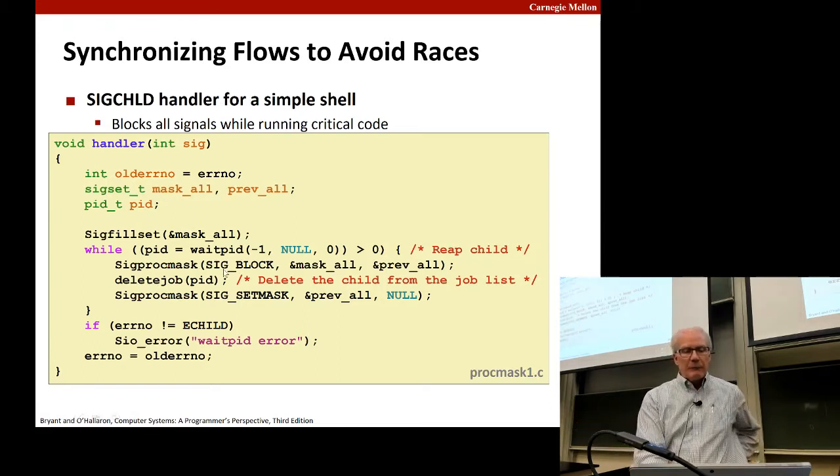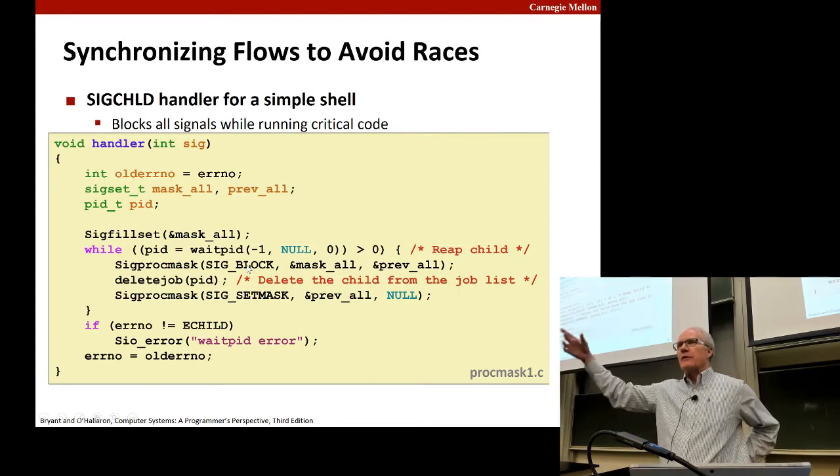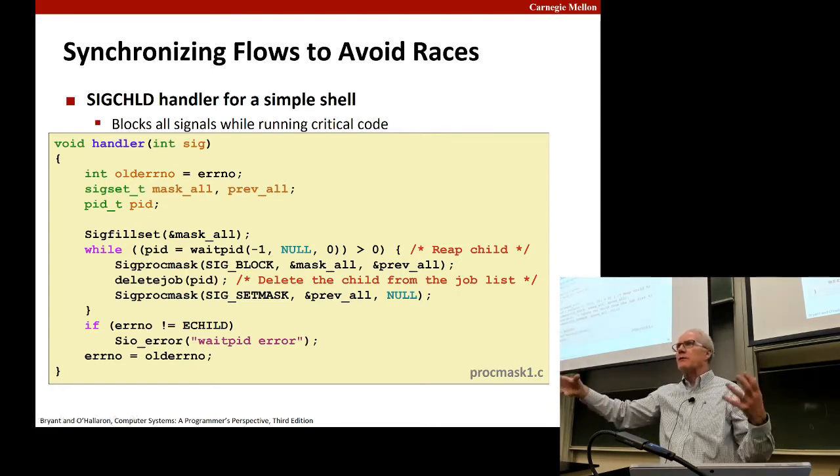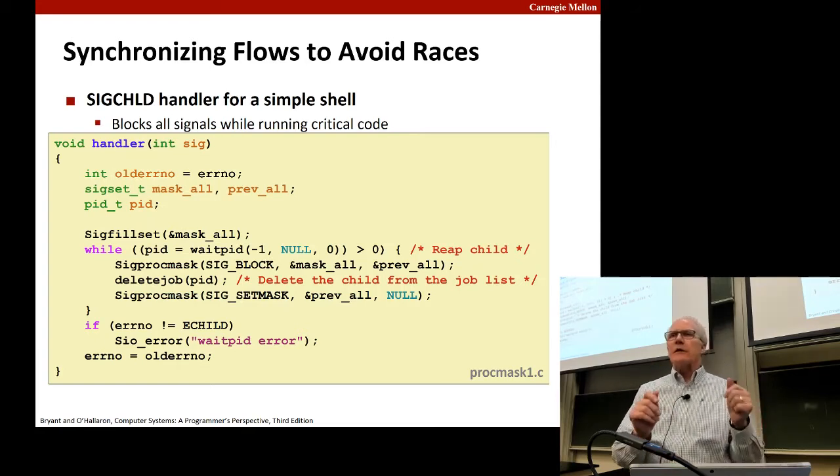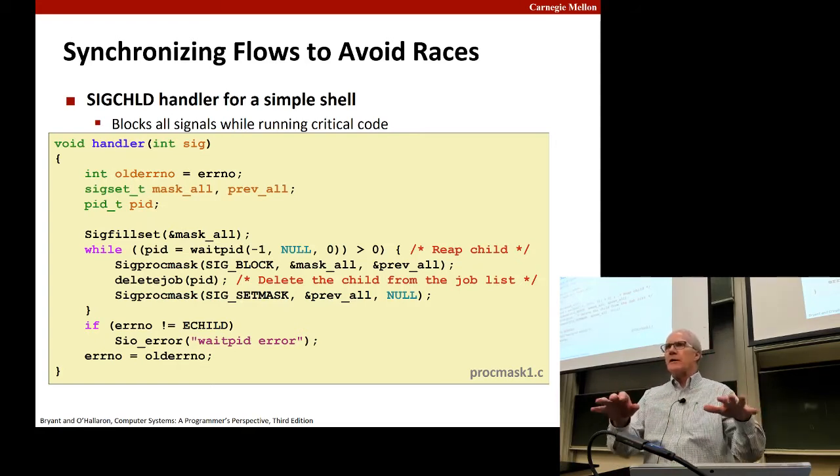So by blocking all signals while I'm doing this delete job, it's a way to make sure that no other signal handler is going to get fired up that potentially does anything with the same data structures that are here. So the idea in signal handlers is blocking as a way to prevent other signal handlers from getting called.